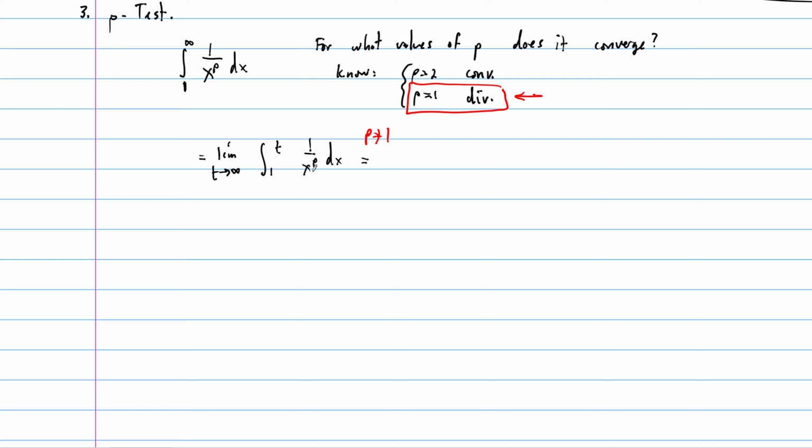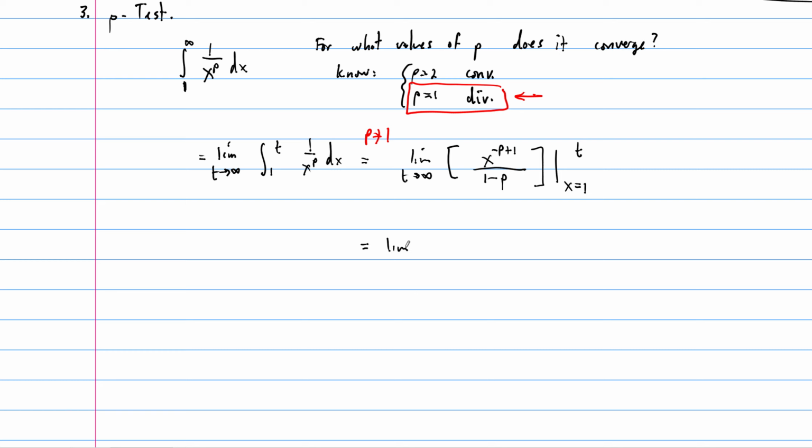We're going to integrate this by the fundamental theorem, and we get the limit as t approaches infinity of x to the minus p, and then you have to add 1, so x to the minus p plus 1 over 1 minus p. Then we're going to plug in our values, x goes from 1 up to t.